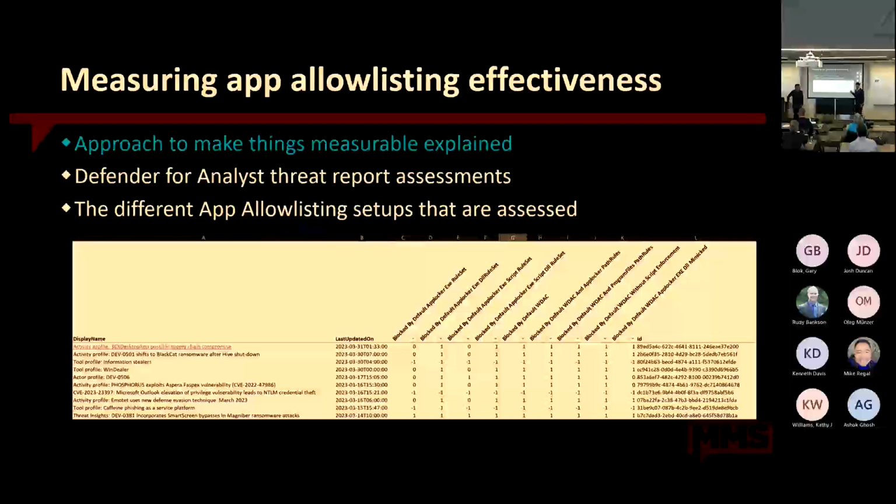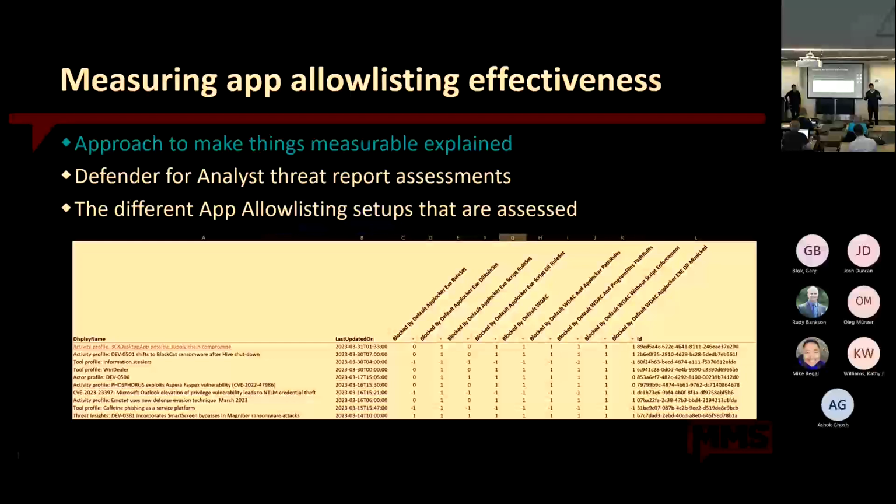People on the front row, probably not visible in the back, might notice that there are some -1s. -1 can mean a number of things. It often means it's not targeting Windows. So if you're targeting macOS in your threat campaign, well, yeah, Windows app allow listing technologies are not going to stop that.